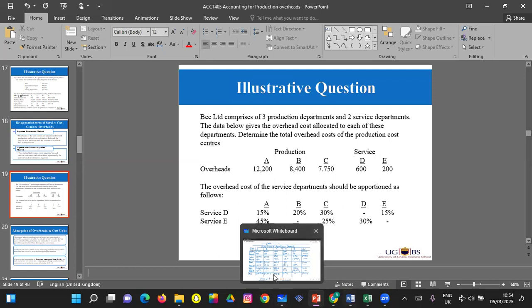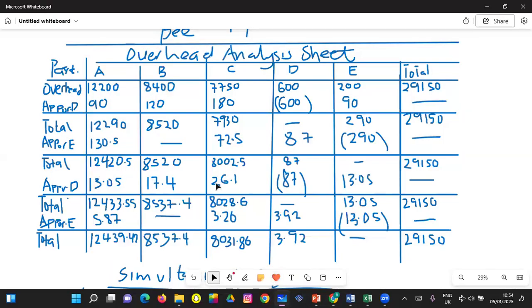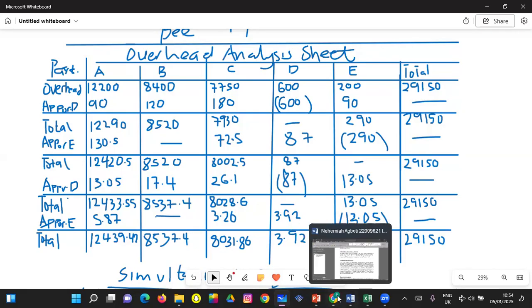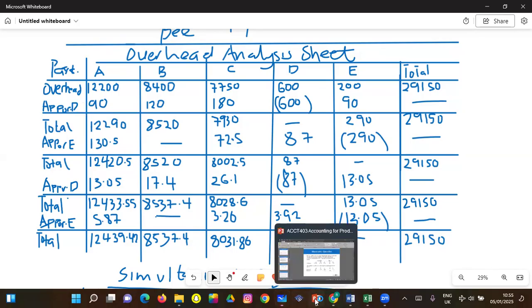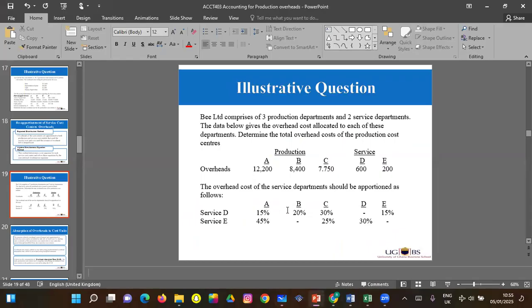All right, so we are going to apportion based on this basis of apportionment. Remember to always include the basis of apportionment in here, right? The reason why I didn't add it here is because the space wasn't enough for me. So we were apportioning it on the basis of 15%, 20%, 30%, and then 15%.